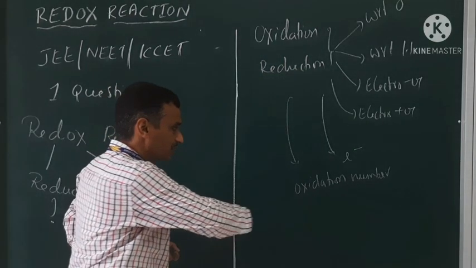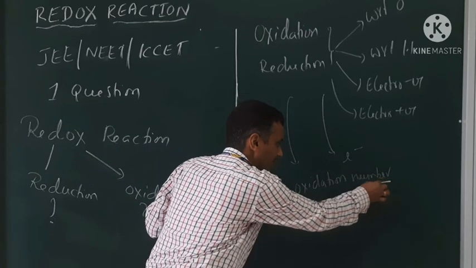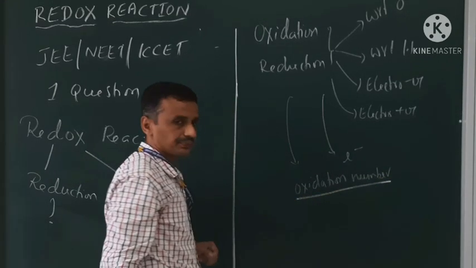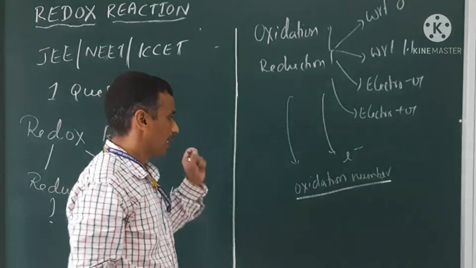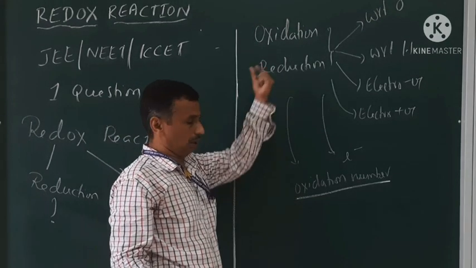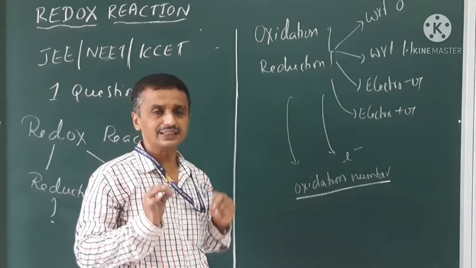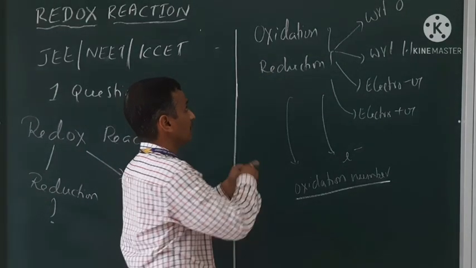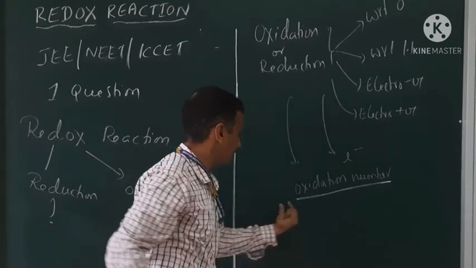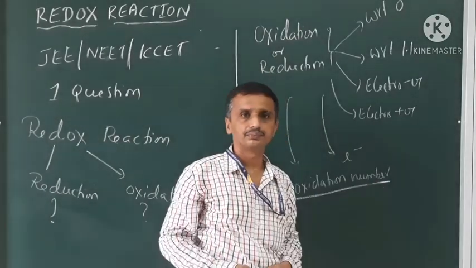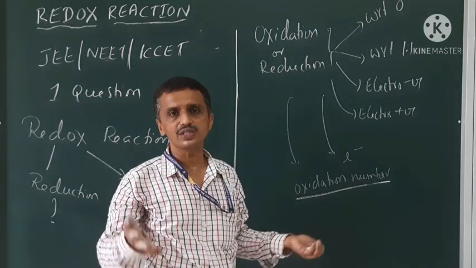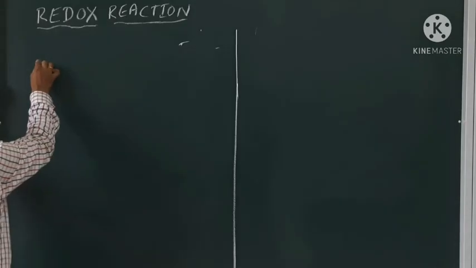Now, as I said, oxidation or reduction can be explained by the oxidation number. I should know what is the meaning of oxidation number also.